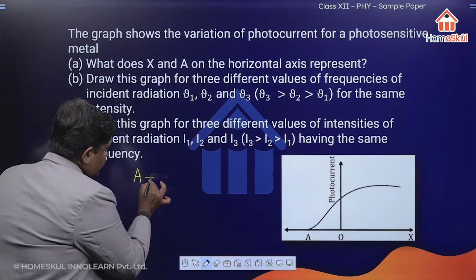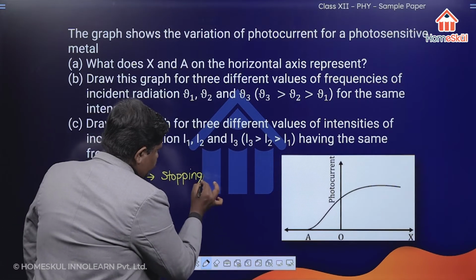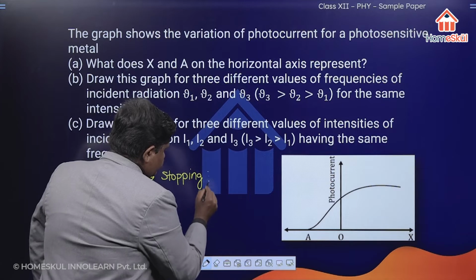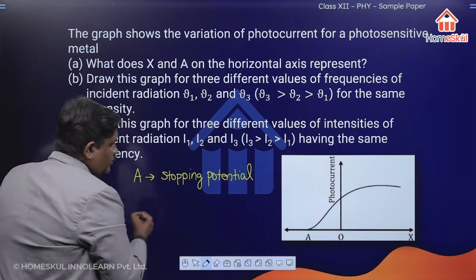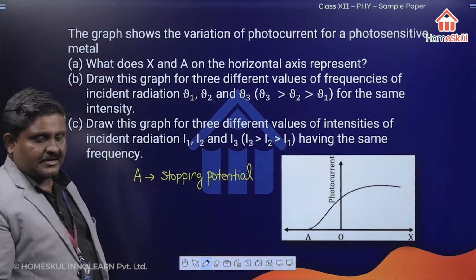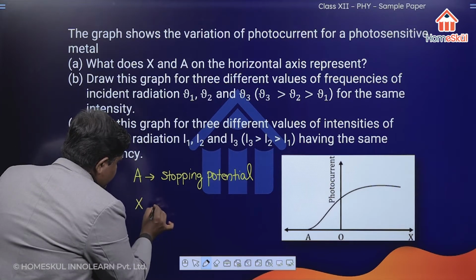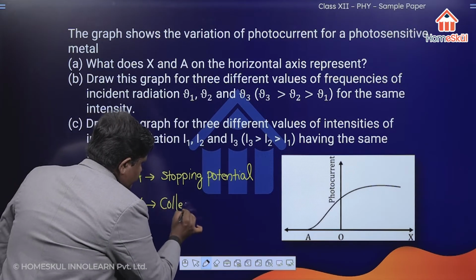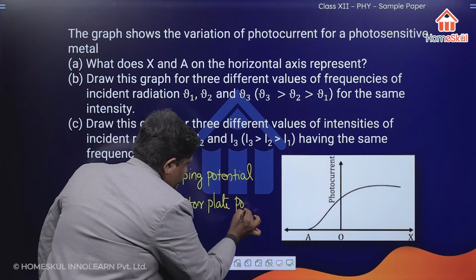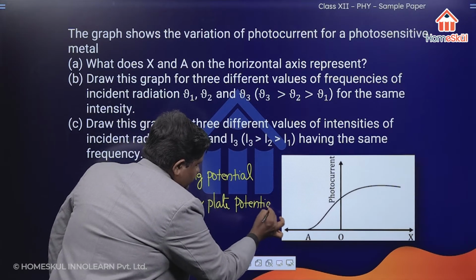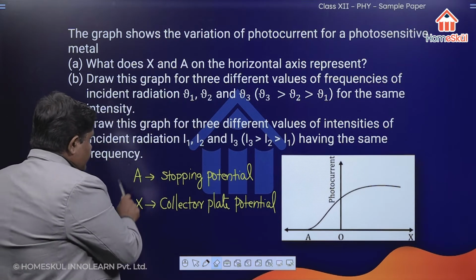A is the stopping potential, which is also called the cutoff voltage. X is the collector plate potential.